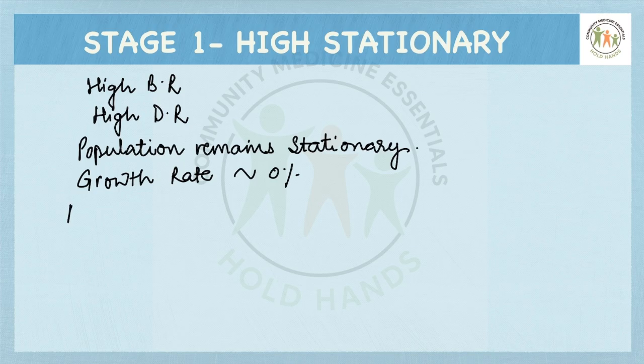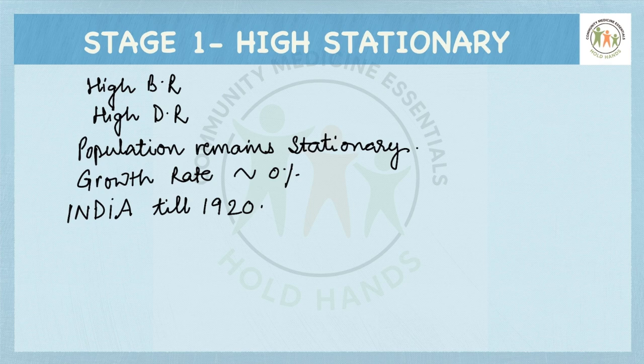India was in this stage till 1920. What are the causes? Poor health infrastructure, wars, pandemics, no family planning, etc.